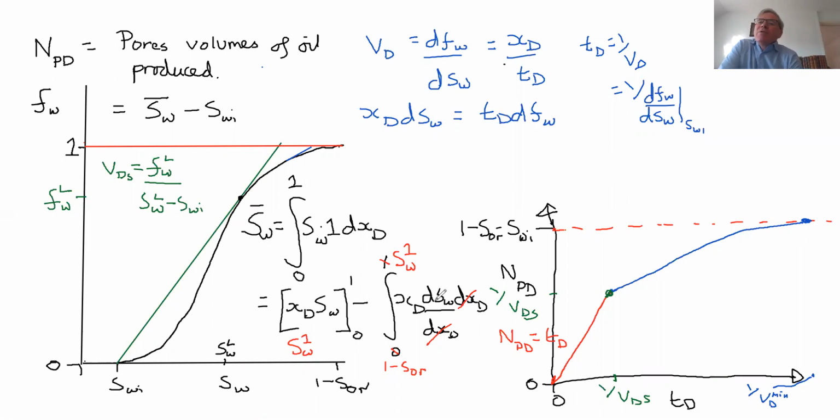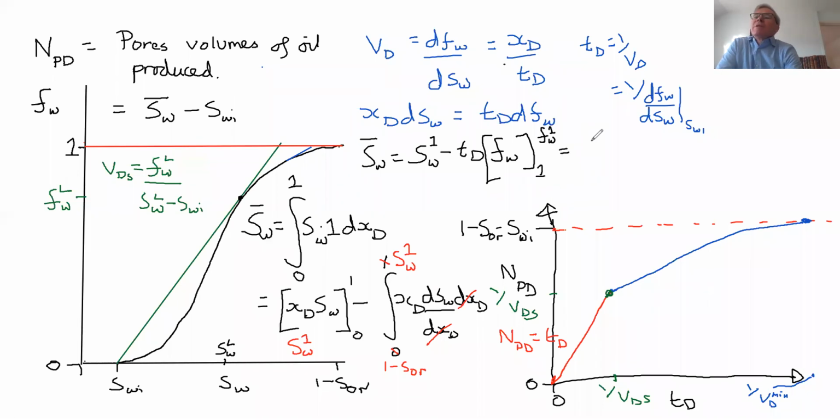So this integral, XD dSW, becomes just a dF. TD comes out, and it's just dF. I'll go back to black so that we can see this integral. SW bar is SW1, then minus TD times the integral of dF. So it's just F, isn't it? It's FW, evaluated at SW1, so FW1, and at 1 minus SOR, it's 1.